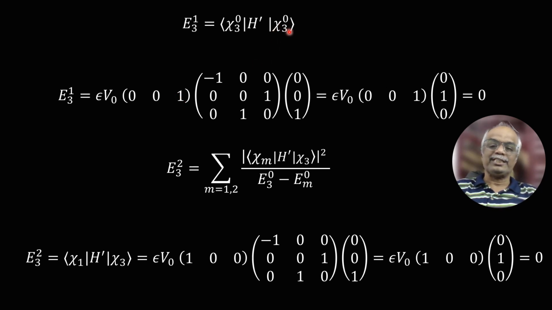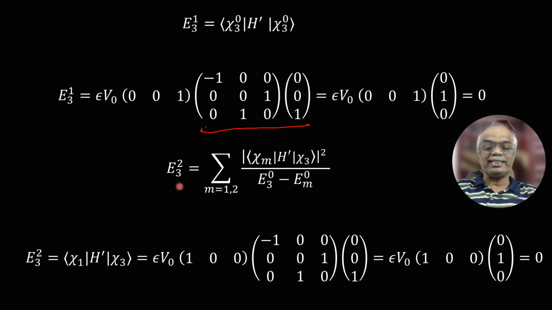And the bra vector is a row vector with this 0 0 1. Now you multiply these two matrices. Minus 1 0 0, if you multiply with this column you will get 0. Now if you multiply this and this, you will get 1 here in this row matrix. Similarly this multiplied by this you will get 0 again. Now you multiply this and this, naturally this will be 0.